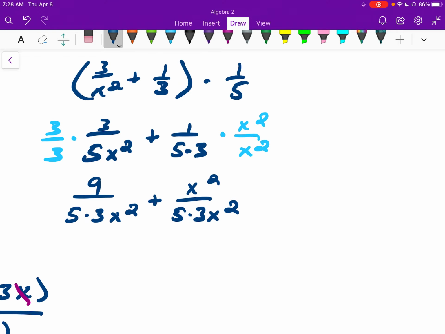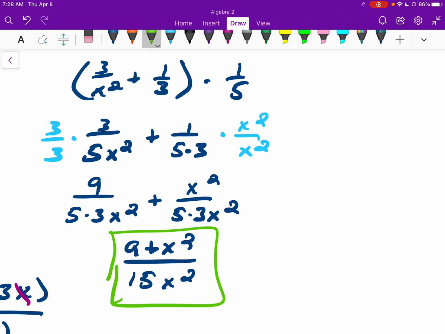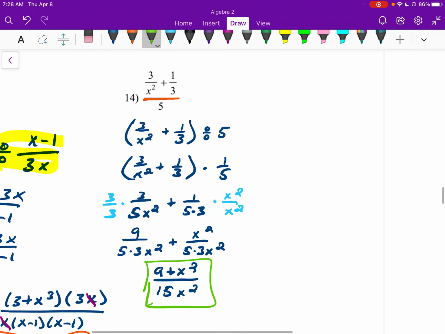Now we can change this into 9 plus x squared over, and I'm going to turn that into a 15x squared, just like that. And there we are. That one's a lot easier.